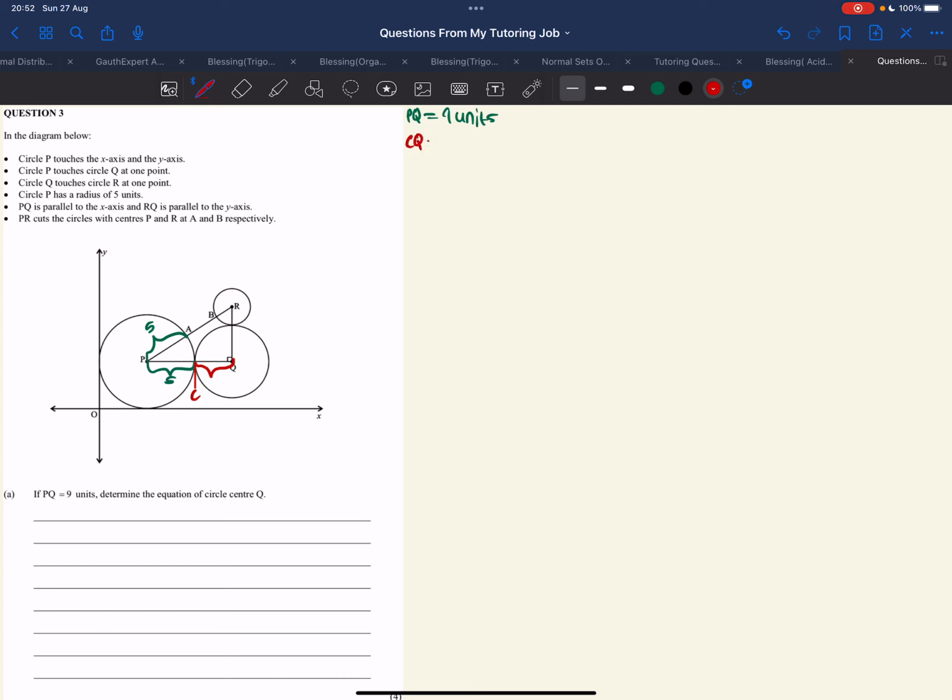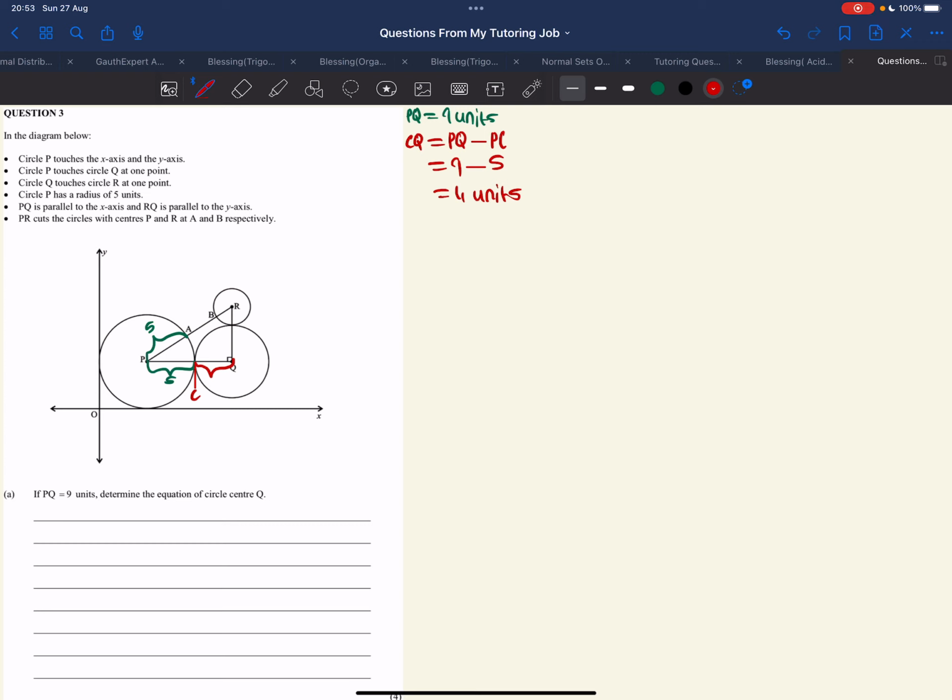CQ is basically going to be PQ minus PC. If we do that, it's 9 minus 5, and we get 4 units.